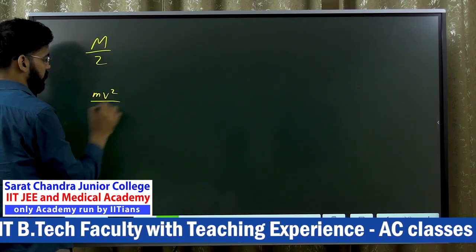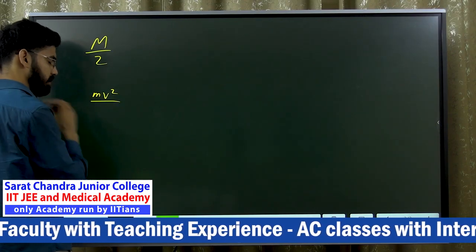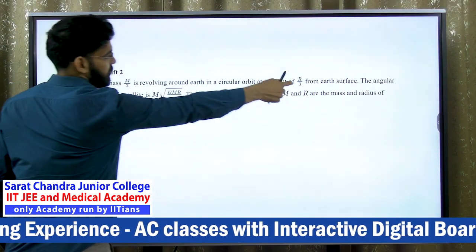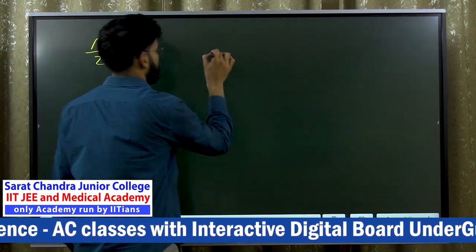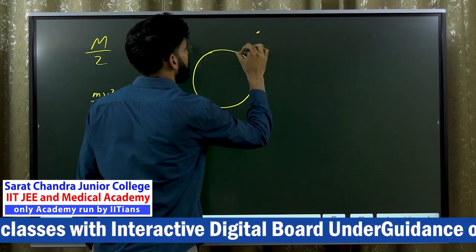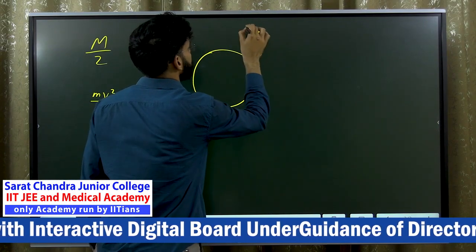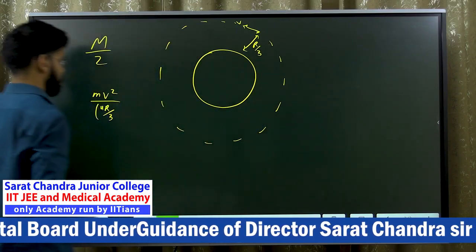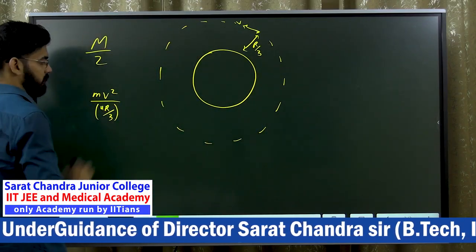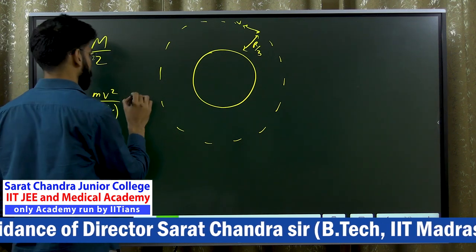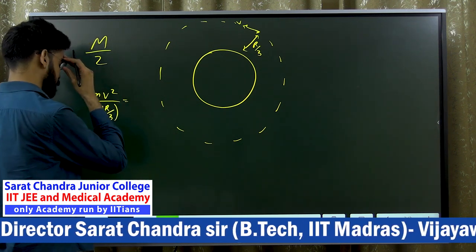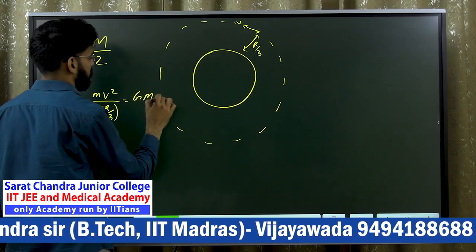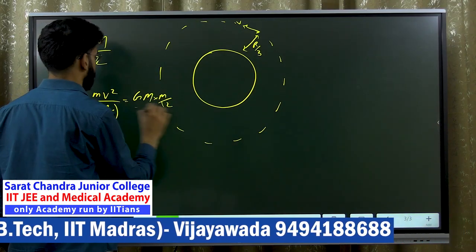Because you know net m v square by r. So at what radius is it revolving? It is revolving at 4r by 3. He said r by 3 is the height from the Earth surface, like this. From here r by 3 height, going with a speed v in this orbit. So m v square by r is equal to G M small m, that is m by 2.